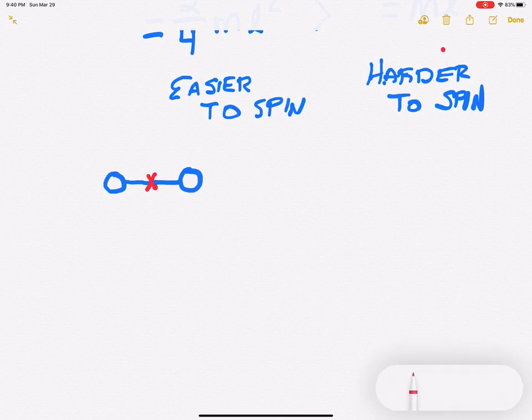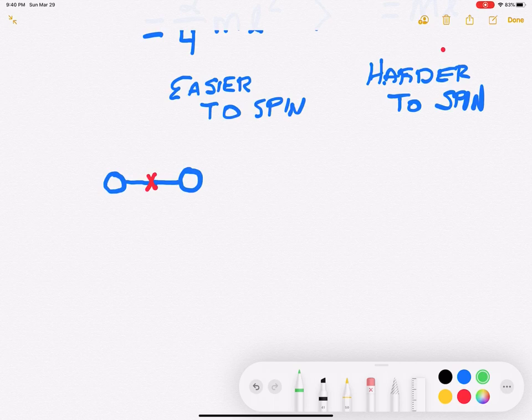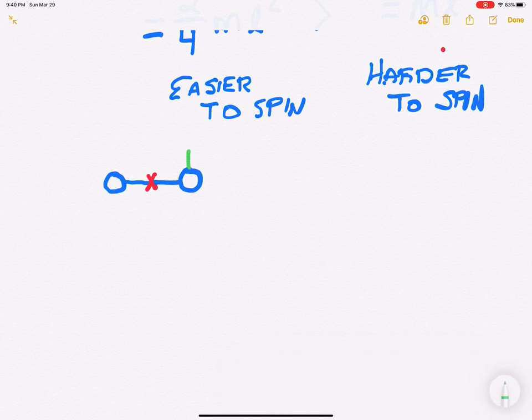So now what we're going to do is apply some velocities. So we'll get this one spinning, which means this one has to spin down this way.